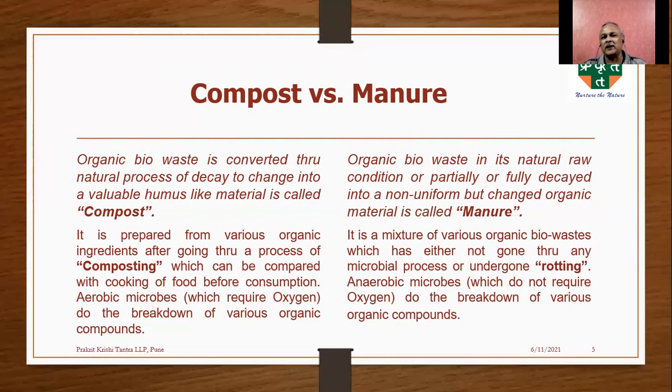Same thing happens for the plants. If we give rotten material in the soil as plant food, actually it is giving disease to the plants. And if we provide composted food in the soil to the plant, it grows well, healthy, strong.